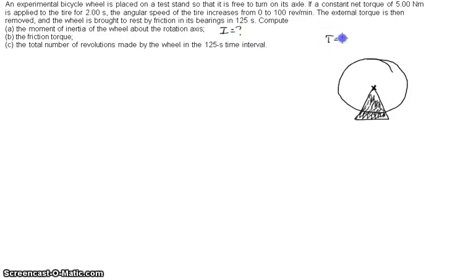Now, the interesting part about this 5 Newton meters is no one says really where it's exerted. So, for all we know, it's probably exerted on the outside. There might be a chain involved, but it's not there. But we just know that it's essentially causing this to change its angular speed from 0 revolutions per minute to 100 revolutions per minute.